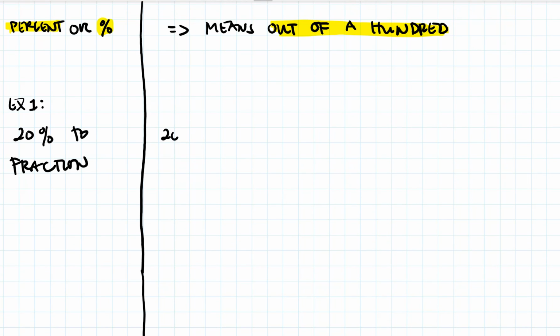Well, you have 20%, and since it means out of 100, that means you're taking 20 parts out of 100. So if you can observe here, the number before your percentage symbol becomes the numerator of your fraction.